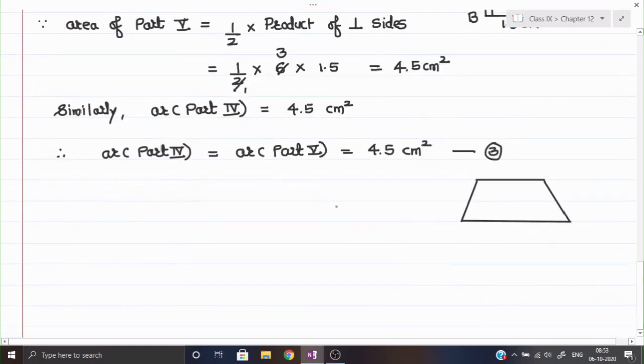We have given that the base of this trapezium is 2 centimeter. Then the second side is given here as 1 centimeter, and these two sides are also given as 1 centimeter each.